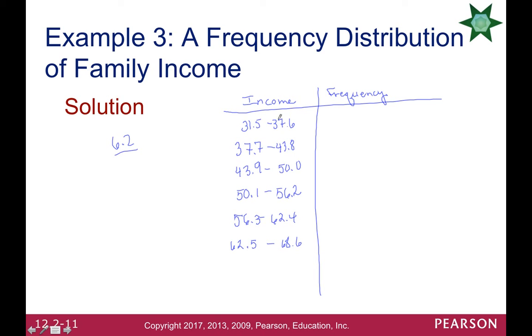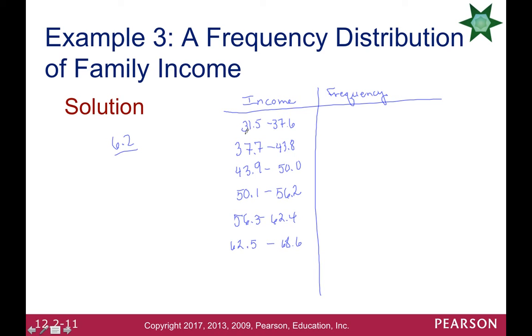So basically, if you add 6.2 to the lower limits, you can do that really quick. Okay, and add 6.2 to the higher limits. That's how I got the values on both sides. So you start with the first one, add 6.2 to get to this one, add 6.2 to get to this one, this one, this one, this one. Same deal with this, add 6.2 to this, and this, and this. Because the class width is actually 6.2. So you just want to clarify that again.